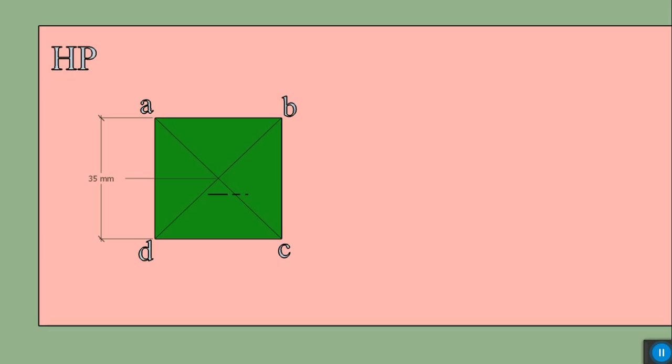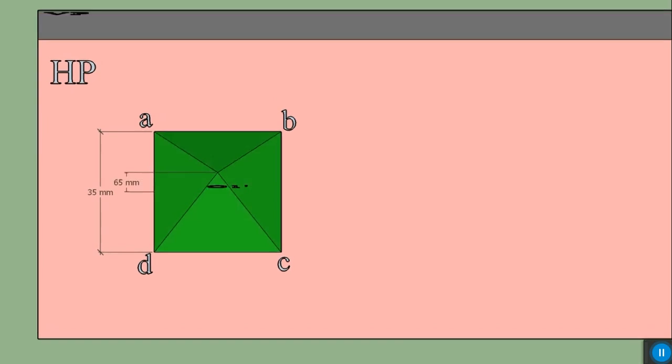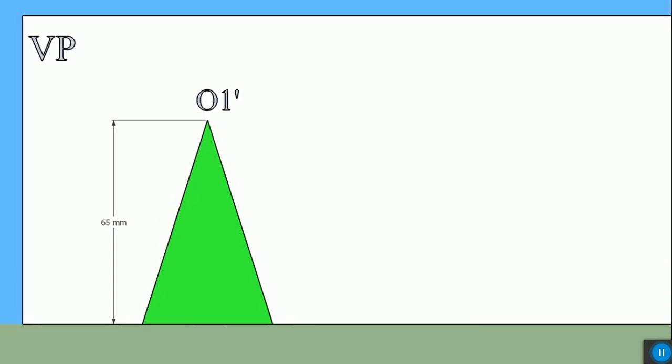Also, we can observe that the four slant edges of the square pyramid look like diagonals in the top view. Also, we should take care that the base edge should be at the right hand side. In the front view, the square pyramid looks like a triangular lamina with a height of 65 mm.